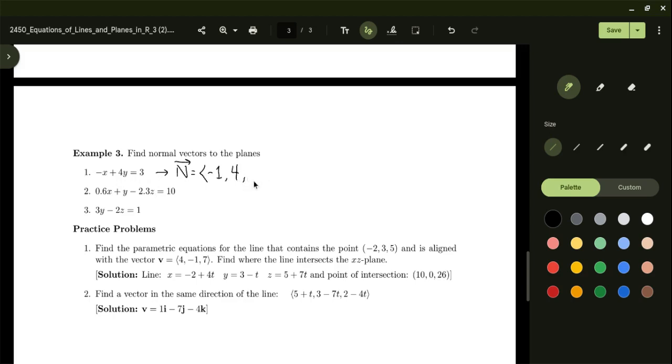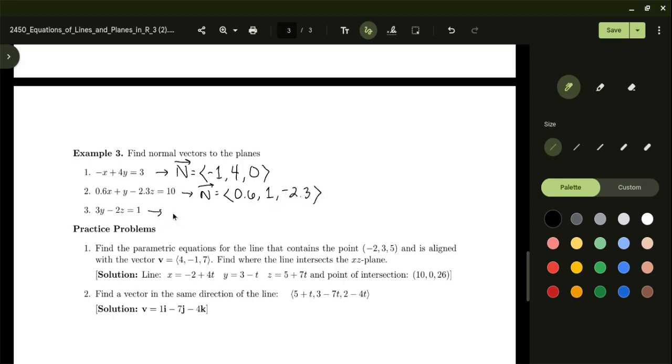And our c should be our coefficient of z, which we don't have a z term, so therefore it's 0. And then we do the same thing for number 2. So here we have 0.6x plus y minus 2 3/10 z equals 10. So our a is 6/10, our b is 1, and our c is negative 2 3/10.